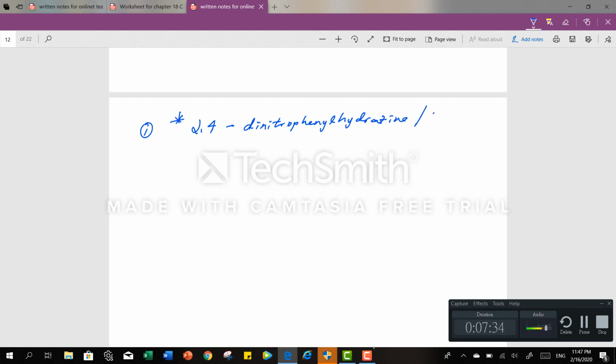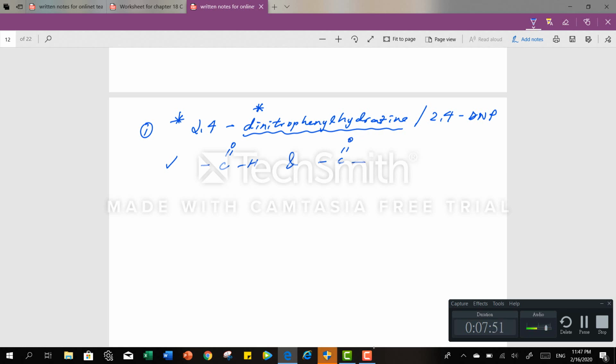You can also call it 2,4-DNP. But if the question asks you to name it, then use 2,4-dinitrophenylhydrazine. It is used to test both aldehyde and ketone.